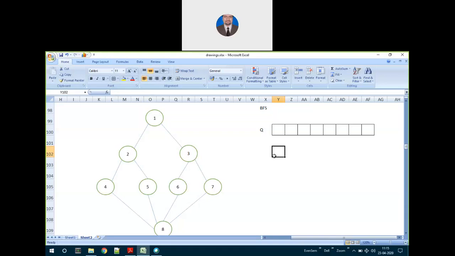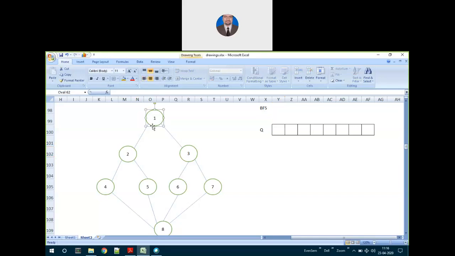We can pick any vertex as the beginning. I can start from 1, I can start from 2, or even from 8. I will first choose 1 as the initial vertex, meaning I will be visiting vertex 1 at the beginning.